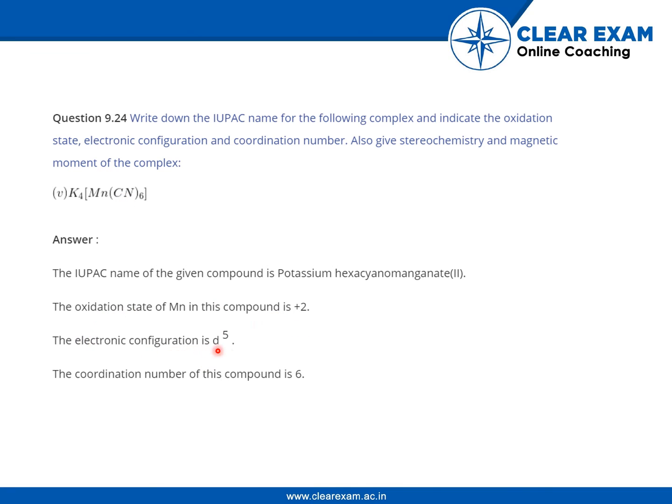The electronic configuration will be d5, as in the ground state Mn has 4s2 3d5 configuration, so since it is +2 in oxidation state, we get d5. The coordination number of the compound will be 6 as there are 6 CN ligands present.